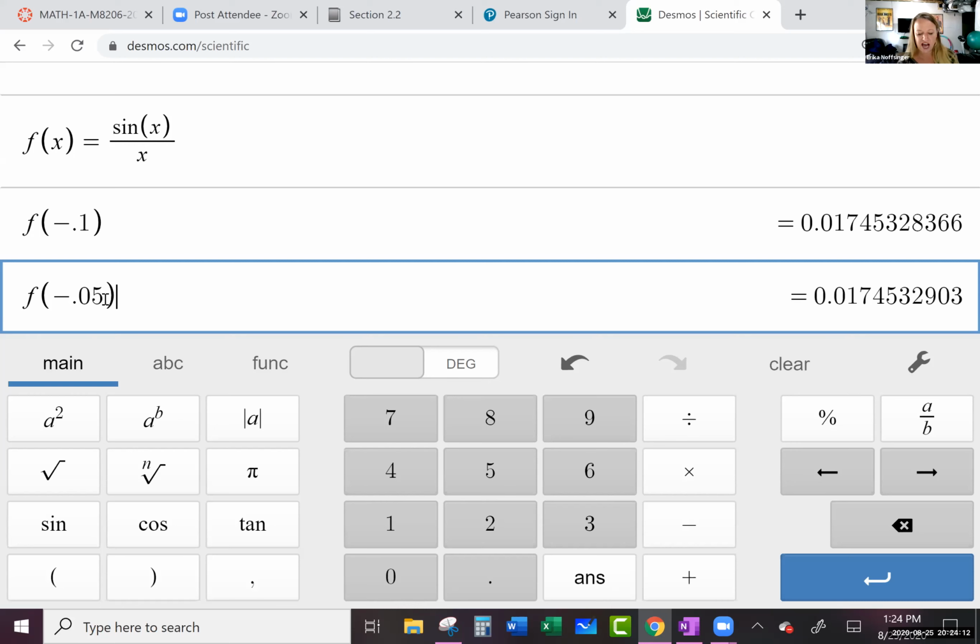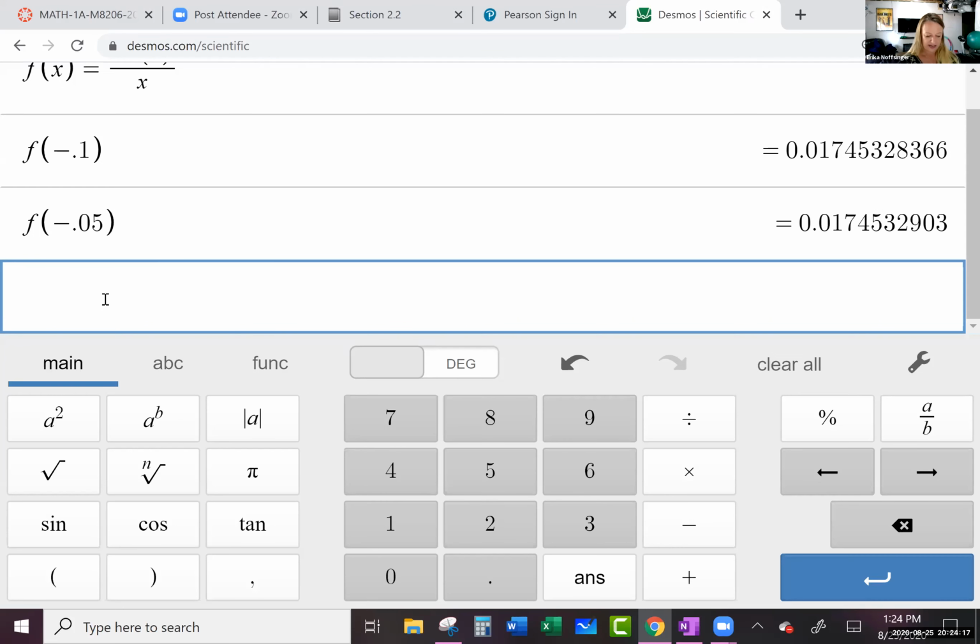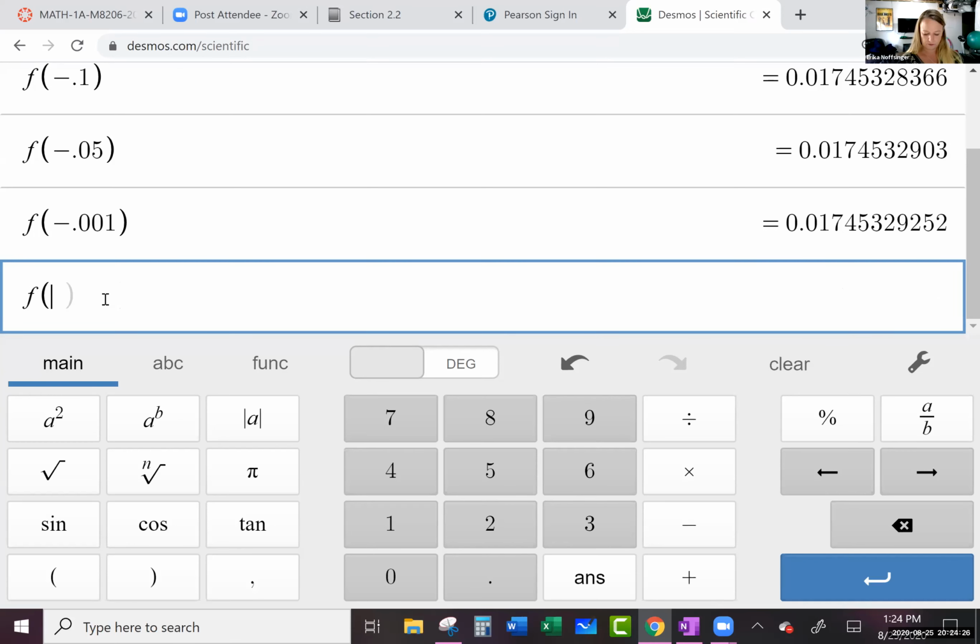There are a lot of places that we're going out and they're very similar. That's telling me that this looks like it's going to one particular value as we come in on the left. So looking at this, as x approaches 0 on the left, we're getting a value of approximately 0.017.